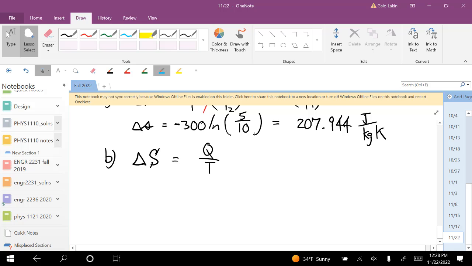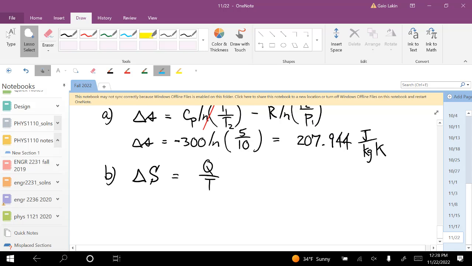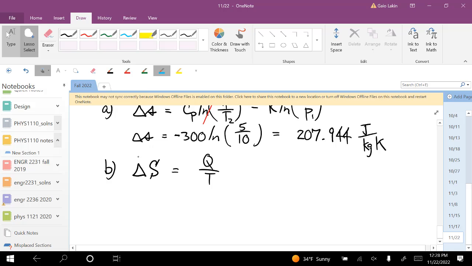So that should be like, okay, you see the internally reversible, we're probably going in this direction. We've already calculated the change in specific entropy. We have the mass, so the change in extensive entropy is 5 times delta little s, which is 207.944.